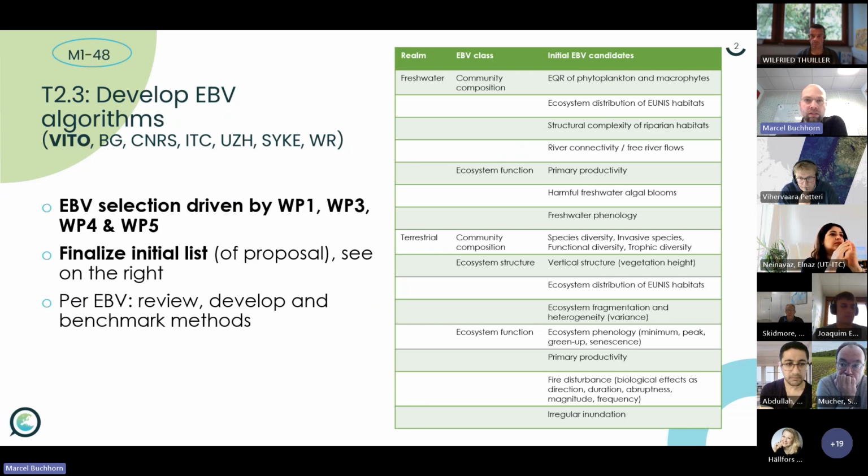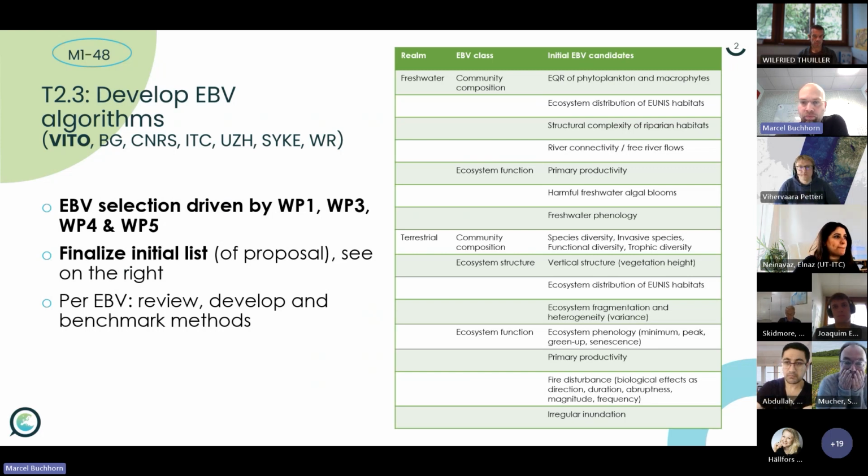As you may remember, within the project proposal we already identified EBVs, but as Andrew said, we have to revise this list, because I think the list we used in the proposal follows the GEO BON definition.